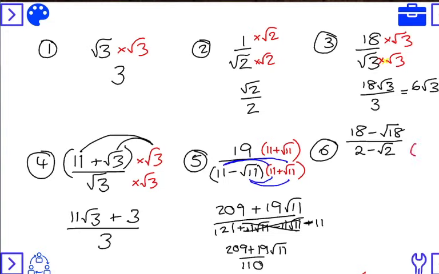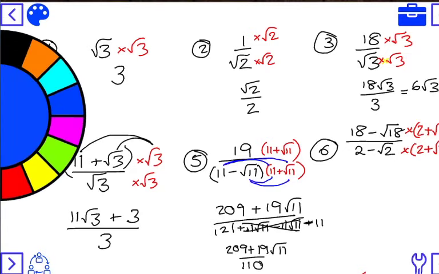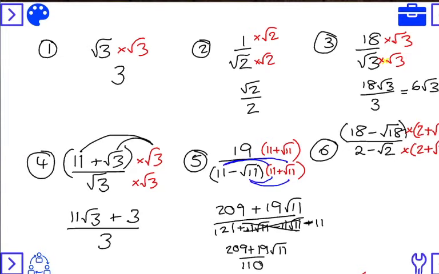With this, we've got to times the denominator by 2 plus root 2, and times the top by exactly the same thing, 2 plus root 2. It might be worthwhile remembering that this really should be in brackets, so that when I'm multiplying the numerator and the denominator by 2 plus root 2, I can see that actually it's a product of two brackets.